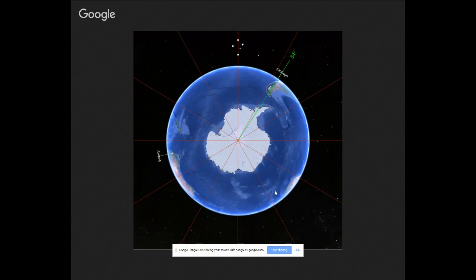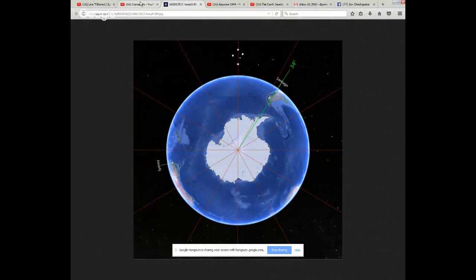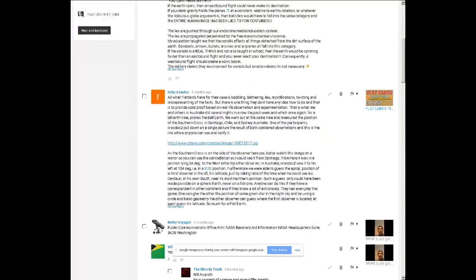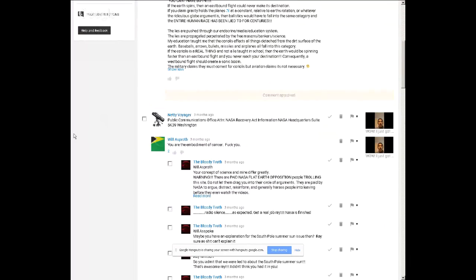Or especially if you're over here, all three of these locations can't be in nighttime at the same time. So your whole thing is a lie. As the Southern Cross is on the side of the observer here, you better watch this image. No, I'll just approve your comment and let people see how ridiculous your argument is.